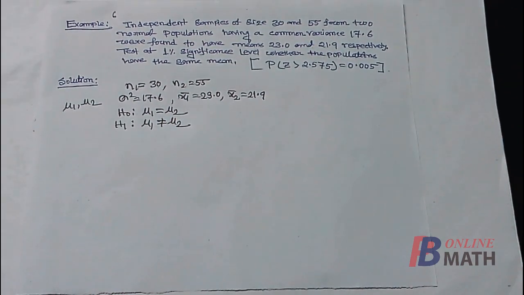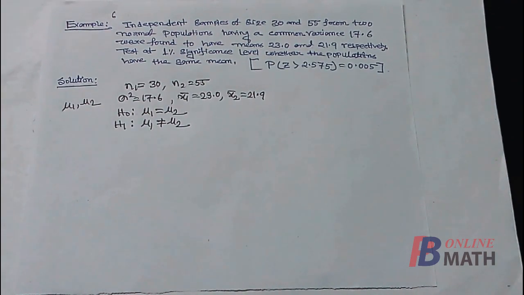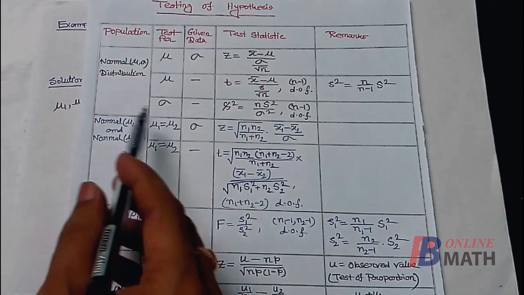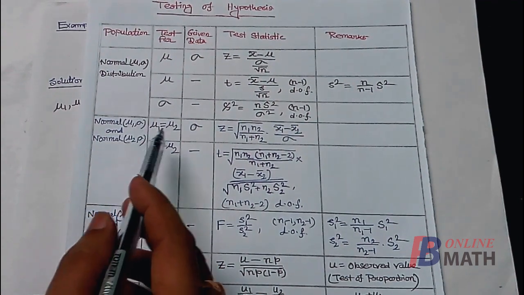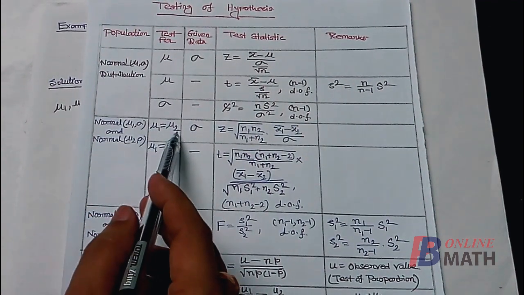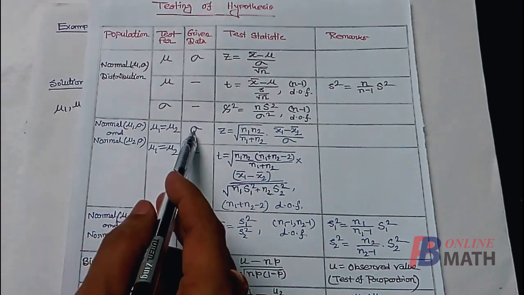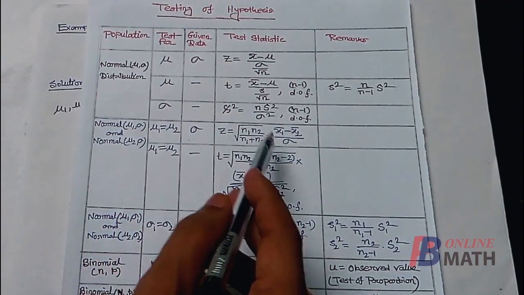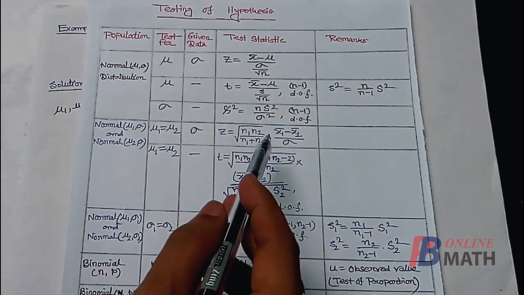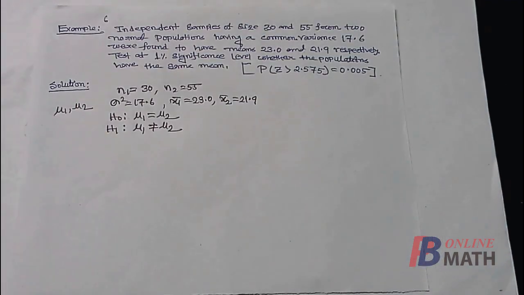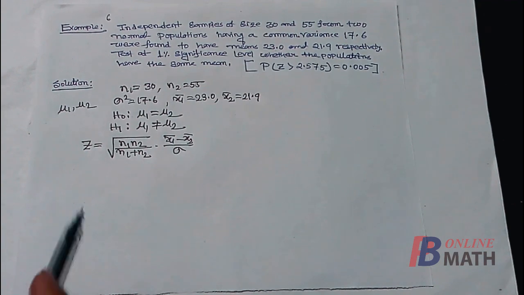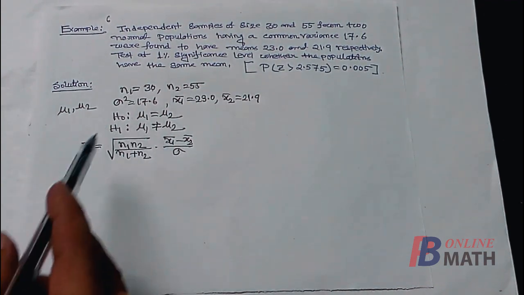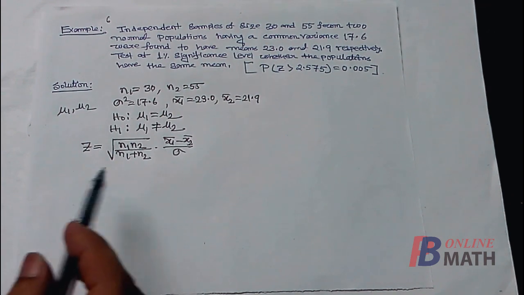First we find the suitable test statistic, and from the table we find that if two normal populations are given and we have to check the two means mu1 and mu2, and sigma is given, then we have to use this statistic. This is standard normal distribution. So we write this statistic. We have written the test statistic, and next we shall draw the sketch of the standard normal distribution to find the critical region.